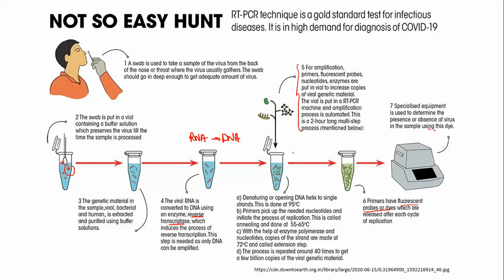Basically, using this dye, if that dye is present in the sample, then you know you've got some viral RNA that was in that sample, which means you had copies of that virus running around up your nose. So this is a much more efficient way.